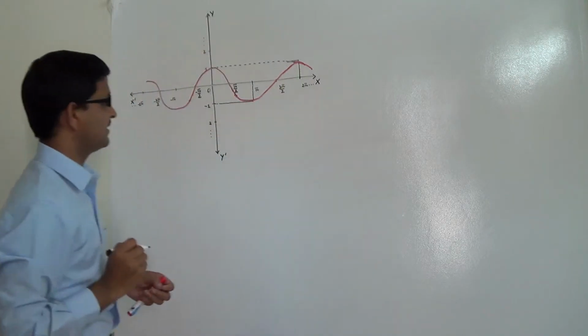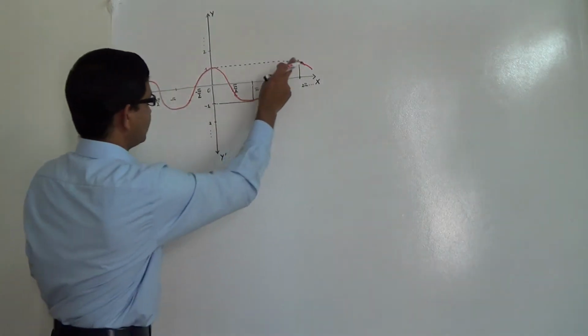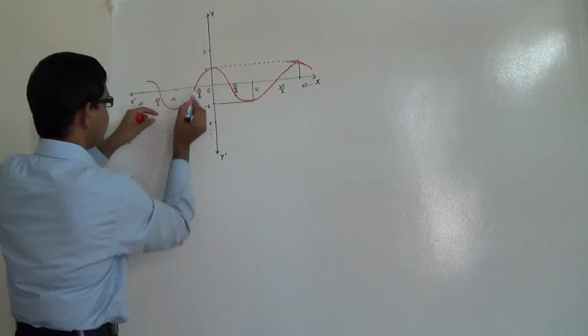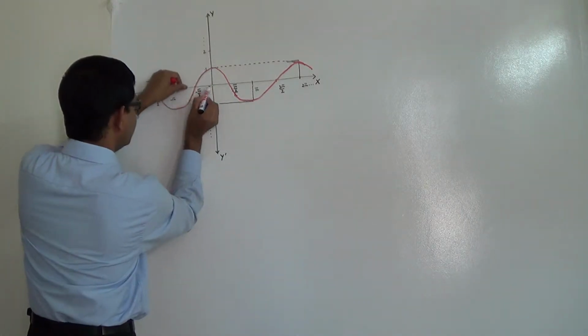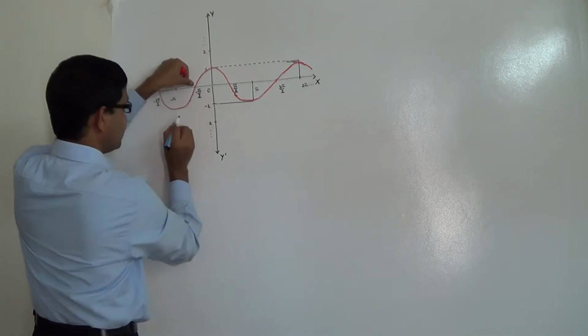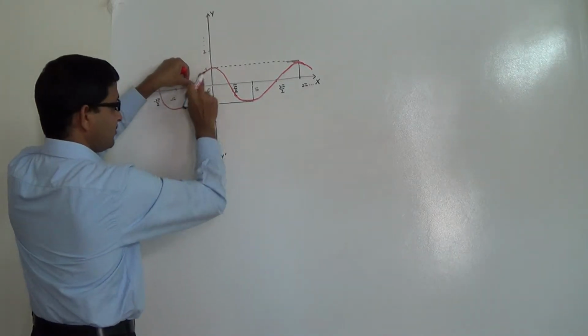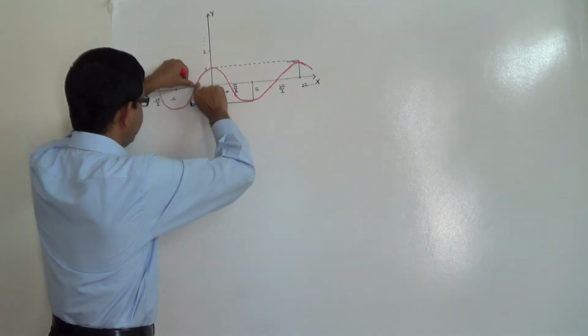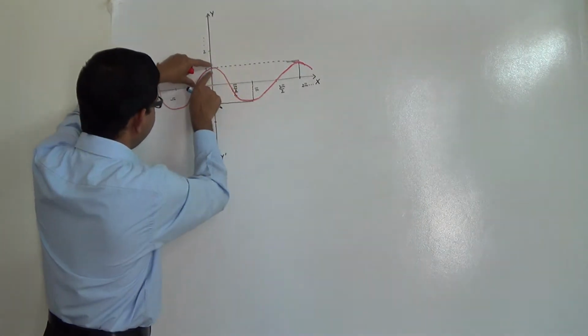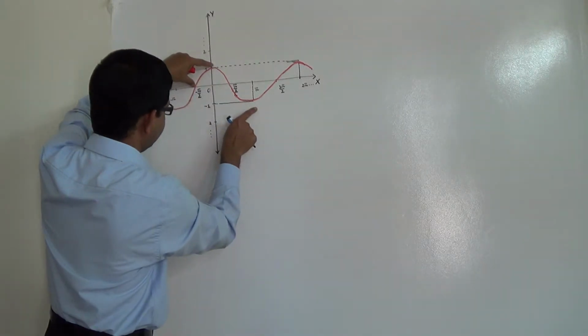1. Correct. Now again it started decreasing, and here also you see from 1 it starts decreasing till 0 to minus pi by 2. So from minus pi by 2 to 0 the function cos is increasing. It is increasing from minus pi by 2 to 0. From 0 to pi, it is again decreasing.